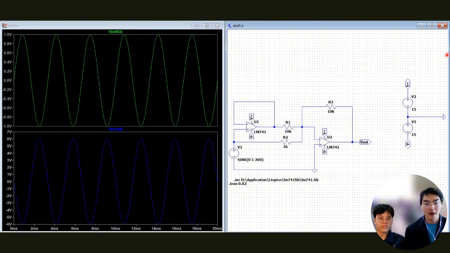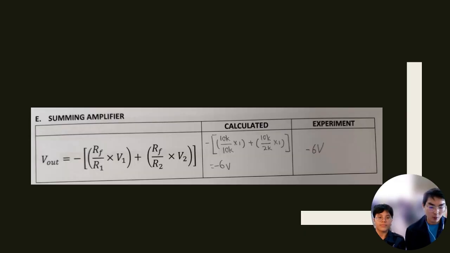In the summing amplifier, we sum up the two outputs and get a total output of 6 volts. The waveform graph shows an inverted waveform with 6 volts at the final output. The result was 6 volts, which matches our calculation perfectly.